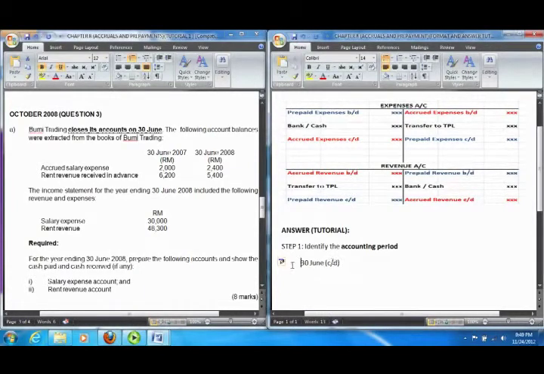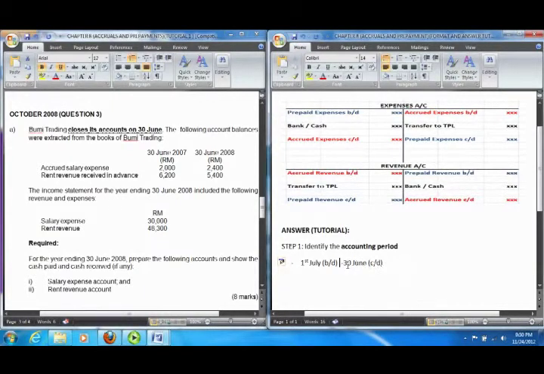However, class, remember, one full accounting period is equal to 12 months. So probably you will start your account on 1st July until 30th June next year. So your 1st July is actually your BD.